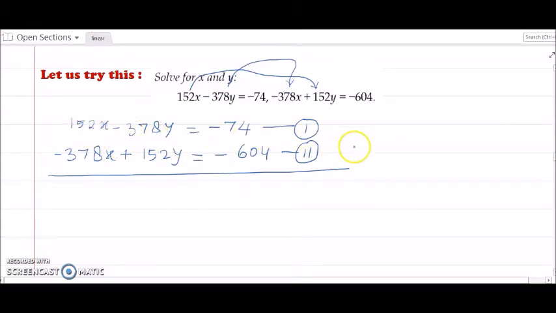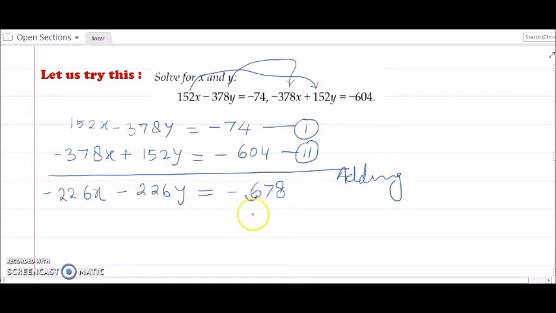Now, as I told you in the previous example, first we will add them. ऐड करने में तो हमें साइन चेंज करने की जरूरत नहीं पड़ती, डायरेक्टली हम ऐड कर देते हैं. So you will get minus 226x minus 226y is equal to minus 678.